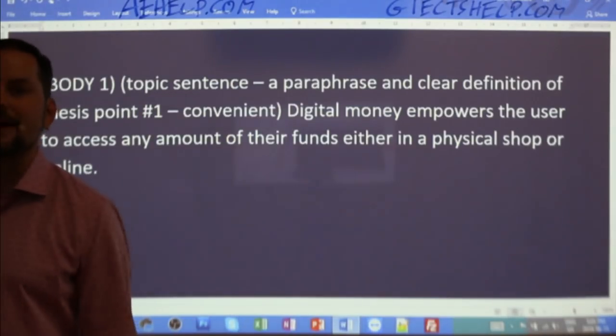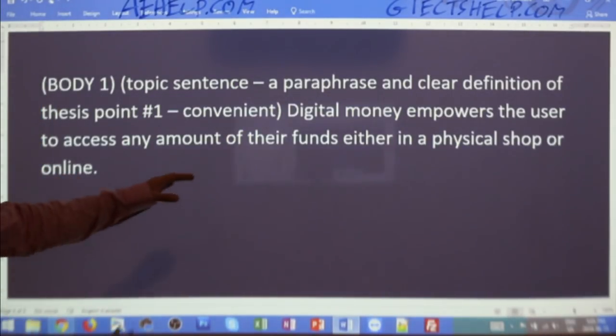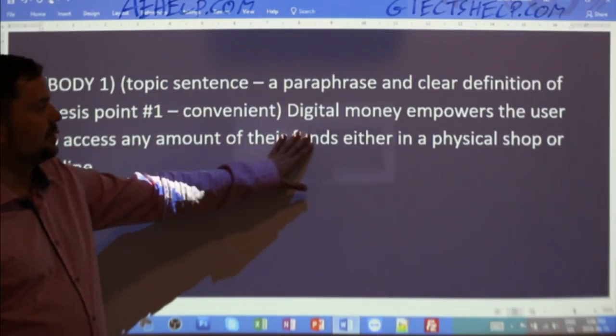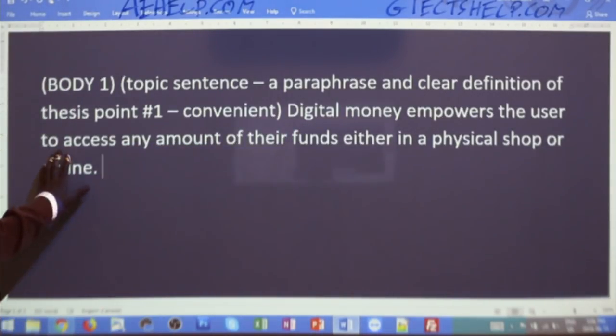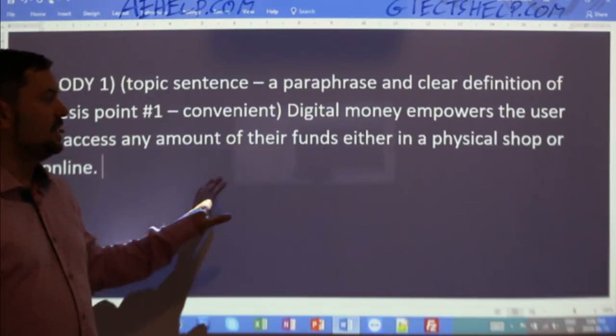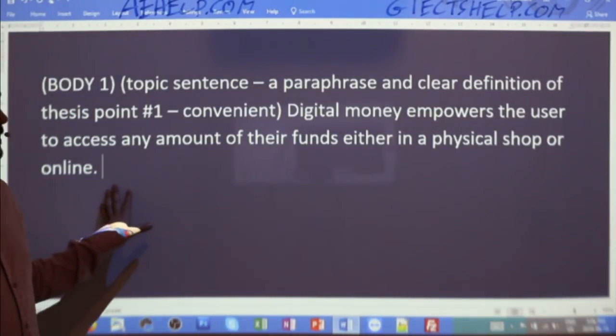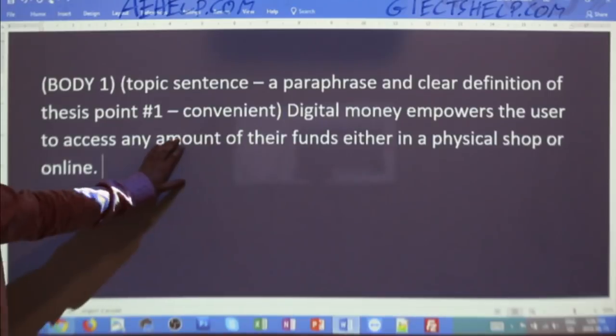So you could go many directions with this. This is going to be my explanation here. So digital money empowers the user to access any amount of their funds, either in a physical shop or online, all right? So that's kind of my definition of convenient.